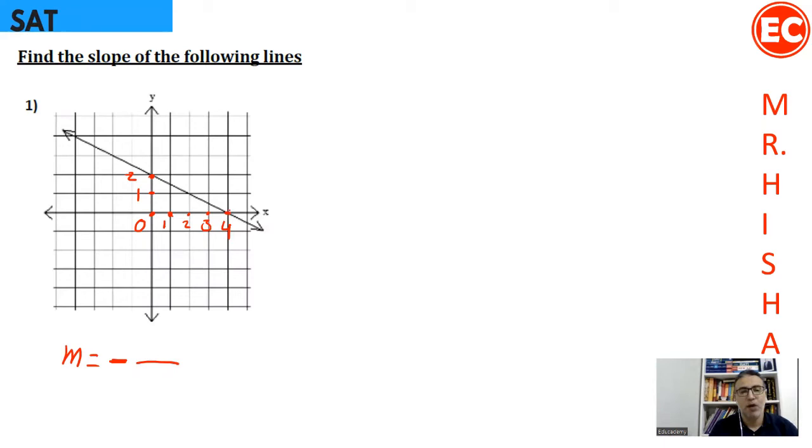Then I'm going to plot 2 clear points on the straight line: rise 2, and run 1, 2, 3, 4. So the slope here is negative 1 over 2. Don't take 2 points and find the slope by y2 minus y1 over x2 minus x1, because that will take about 30 seconds from your time, and time management is a very important skill while you are solving the SAT.